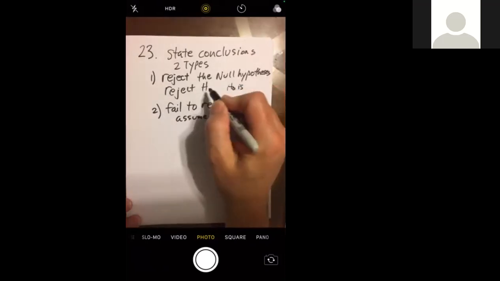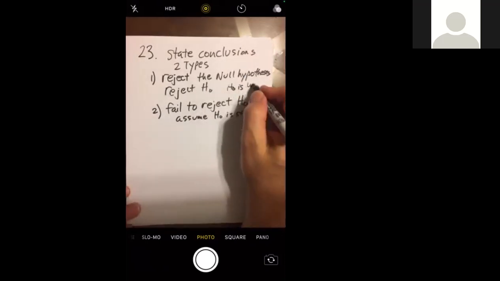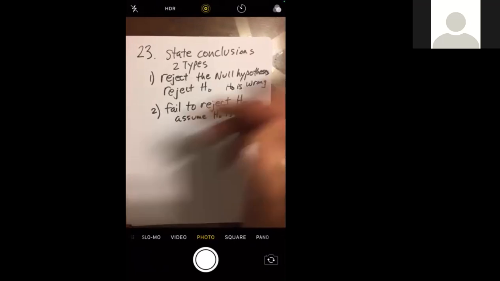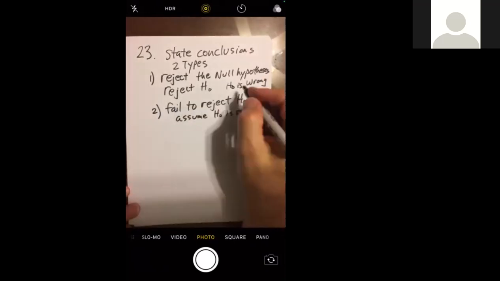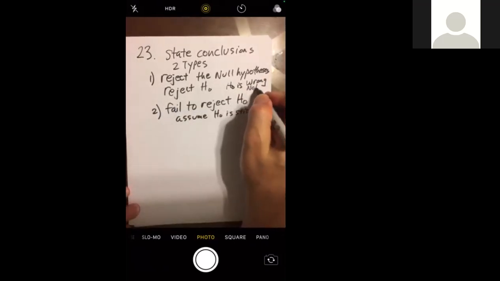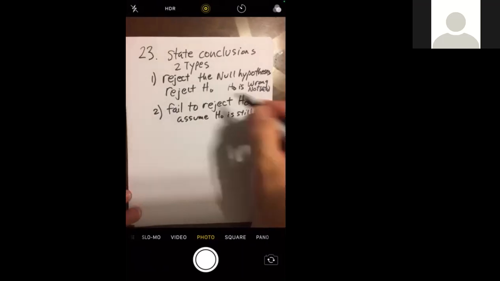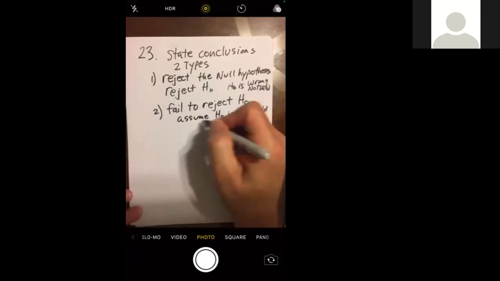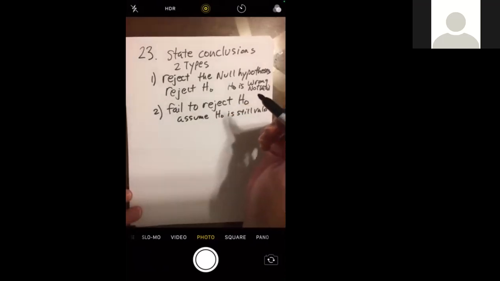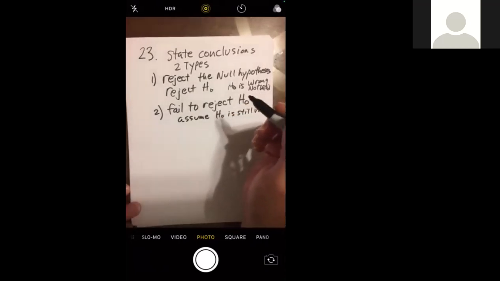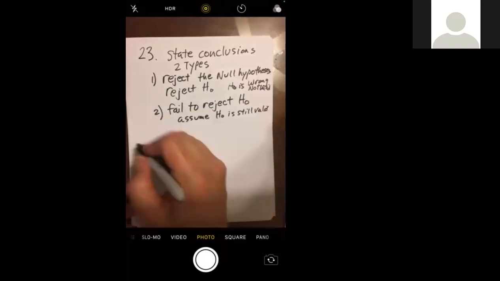If you're rejecting it and that's correct, your H0 is wrong. Conditions have changed. It's no longer valid. But if you fail to reject it and that's correct, then you're assuming it's still valid because you're not rejecting it. All right, so try 23.